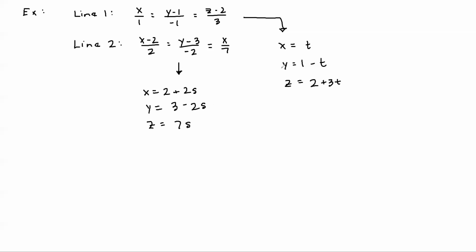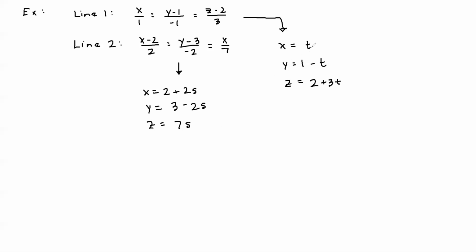7s. Why use t's here and s's here? It's important to have different variables because these two lines are traced out over different values, right? So if you plug in values for t, you don't want to use the same values for t here and here, because you could have different t values at different points.